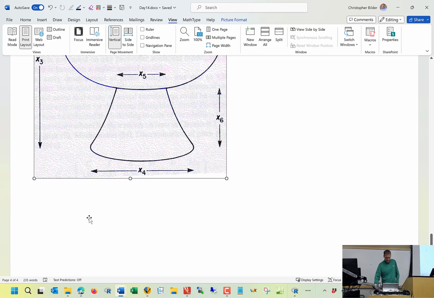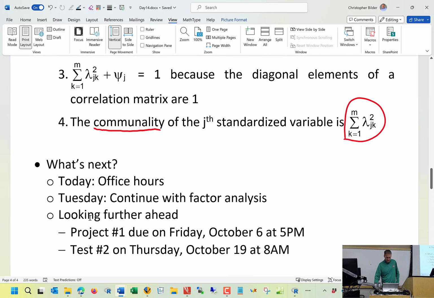Can you repeat one more time what would be the situation where the residual is equal to 0 and those would be the same? If the residual was 0, that would mean, let's say I use the cor function in R to find the estimated correlation matrix. And then again, I use my model to find lambda hat times lambda hat prime plus psi hat.